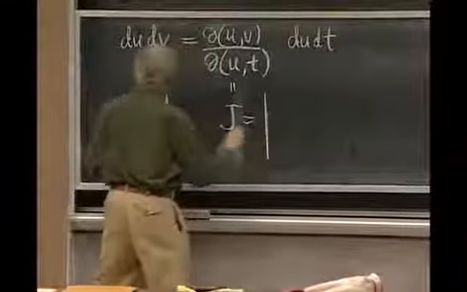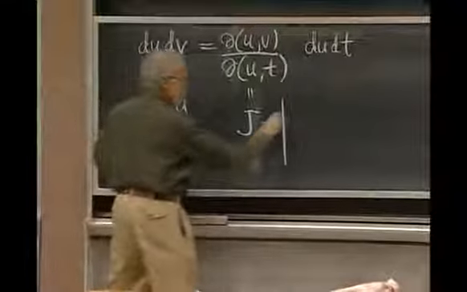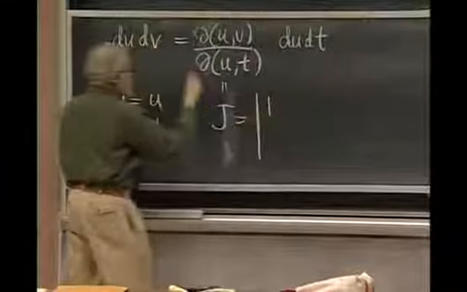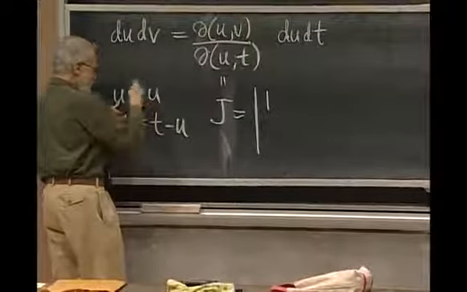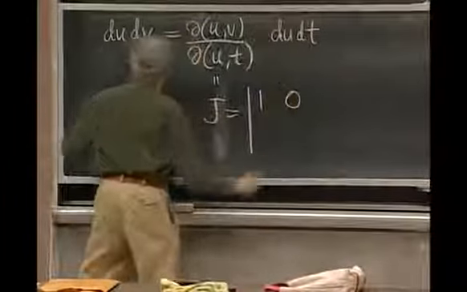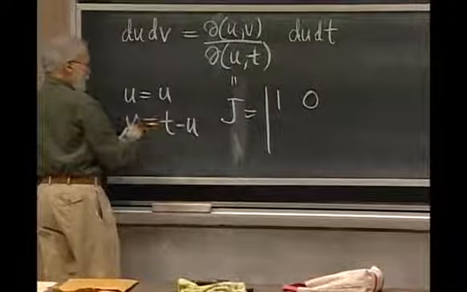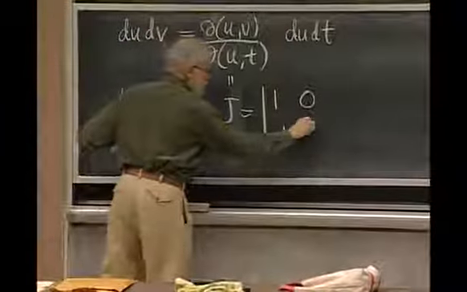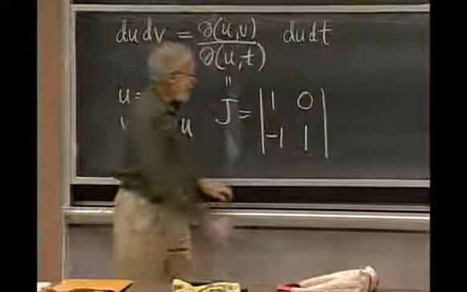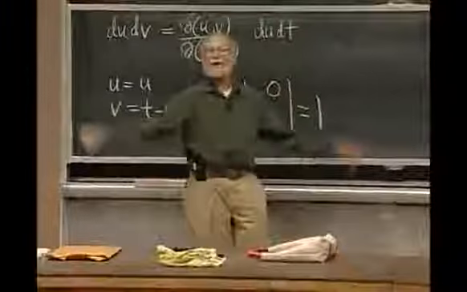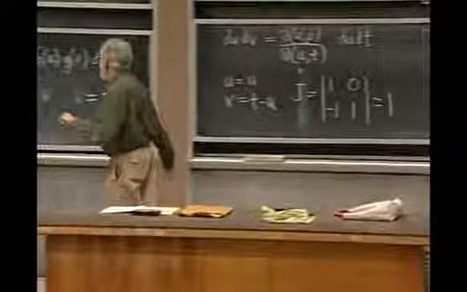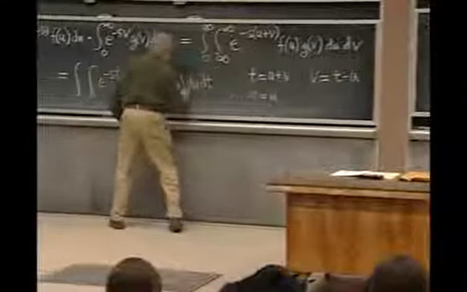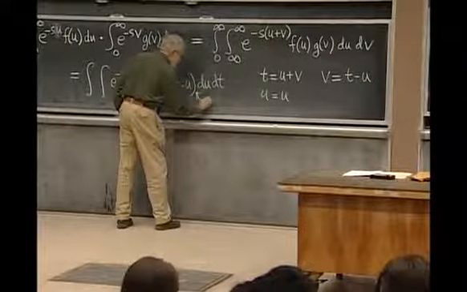So it's the determinant whose entries are the partial of u with respect to u, the partial of u with respect to t, but these are independent variables, so that's 0. The partial of v with respect to u is -1. The partial of v with respect to t is 1. So the Jacobian is 1. So if you forgot it, no harm.